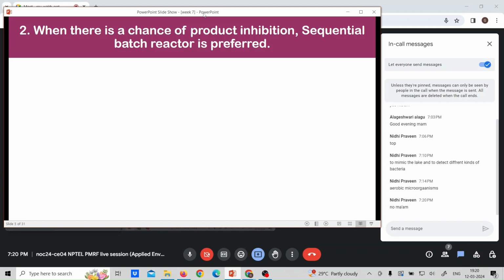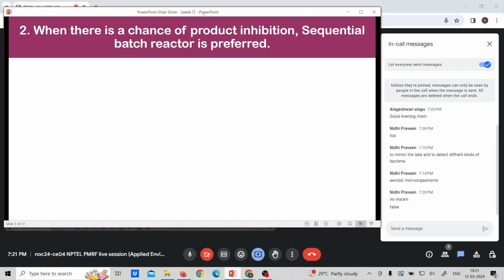Is this statement true or false? I think more people can answer this question because we will see how many people support true and how many support false.